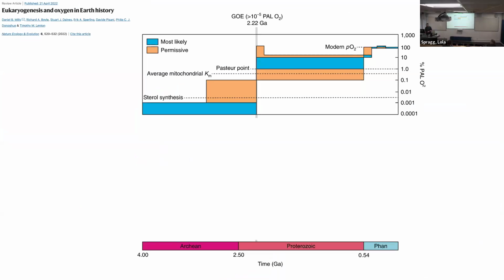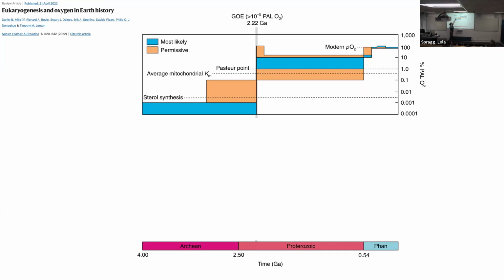For example, this is something that Tim, Rich Stewart and I worked on, where we looked at the amount of oxygen in Earth's atmosphere over time. You could look at certain things, like that eukaryotes need some oxygen for sterol synthesis.